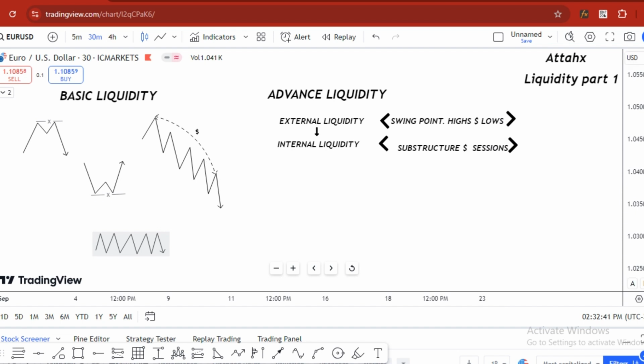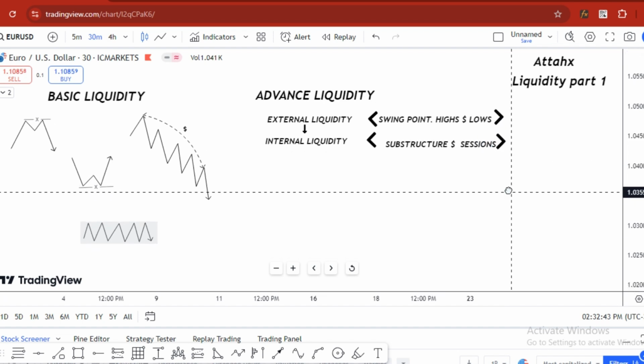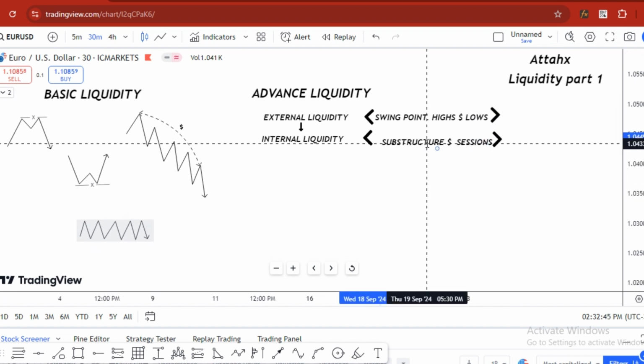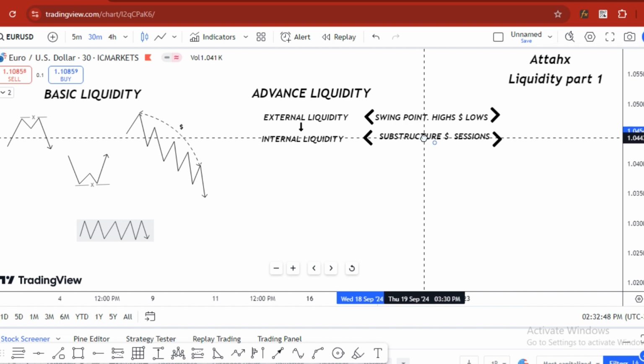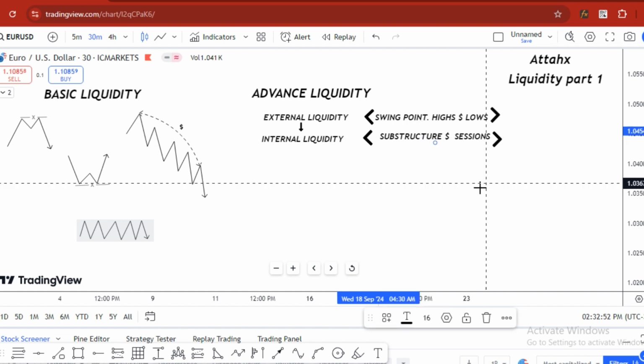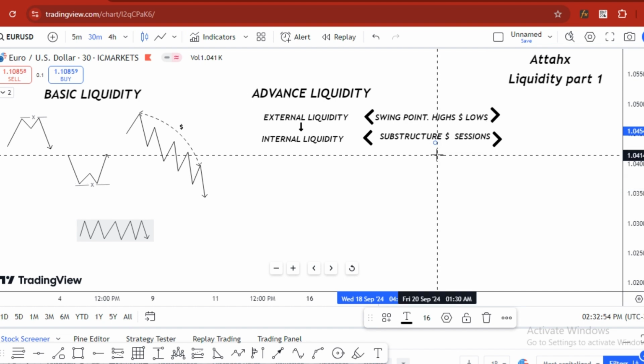So now, the whole algo market structure, let me give you an example of this external liquidity, the swing point, the highs and lows, and then the internal liquidity, the substructure, and the sessions, right?